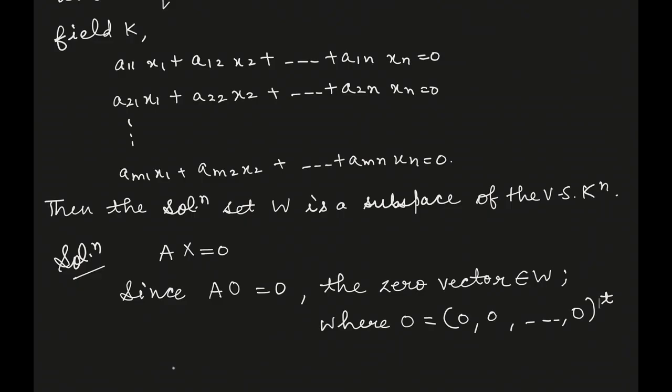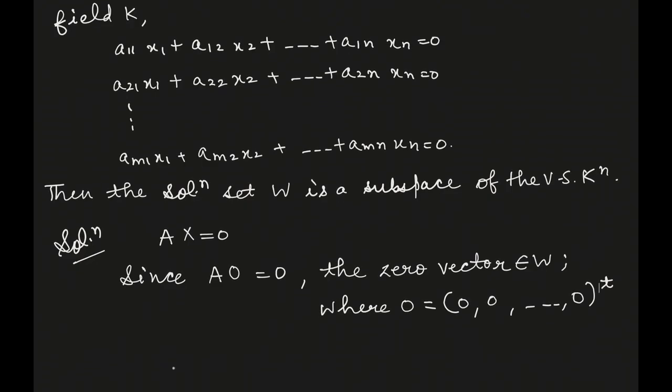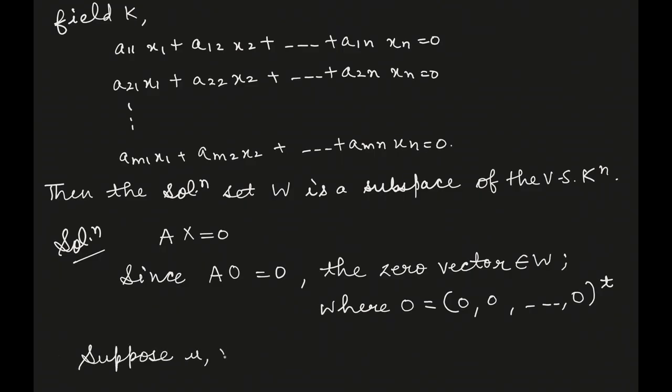Next thing, linearity property is to be checked. Now suppose u, v are vectors in this vector space W, and W is the solution set.